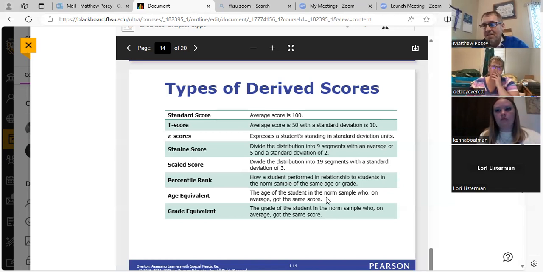So if little Johnny's in the 5th grade and I'm explaining that subtest, and let's say little Johnny scored first grade 7th month, that gives you an indicator that Johnny's really low, extremely low, several grade levels low. It just helps parents understand because they're getting a lot of information thrown at them.